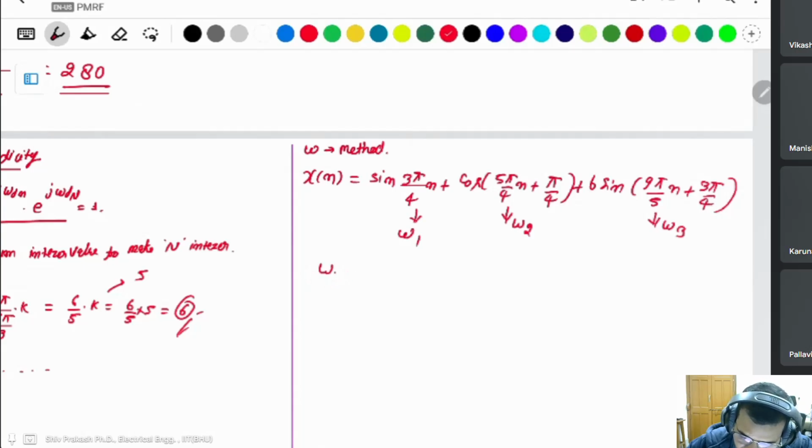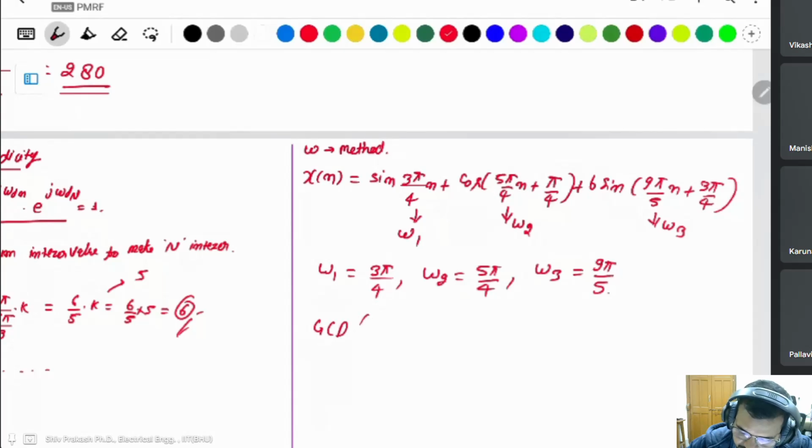First of all, omega 1 is 3π/4, omega 2 is 5π/4, omega 3 is 9π/5. Take the GCD of omega 1, omega 2, omega 3.